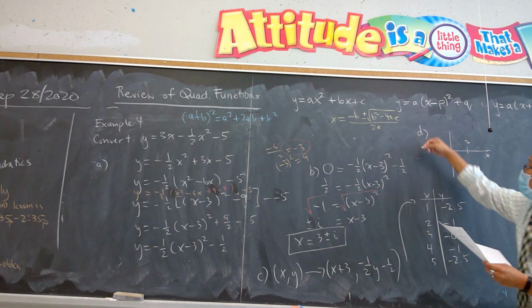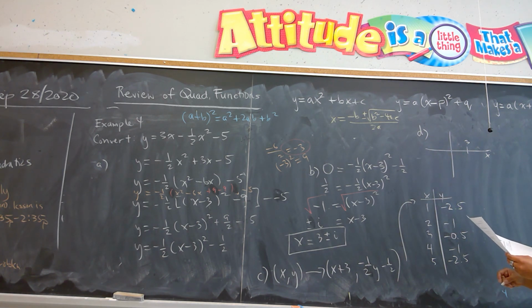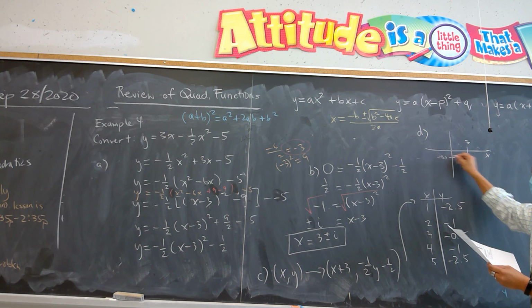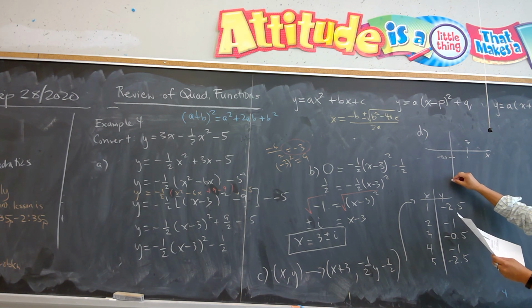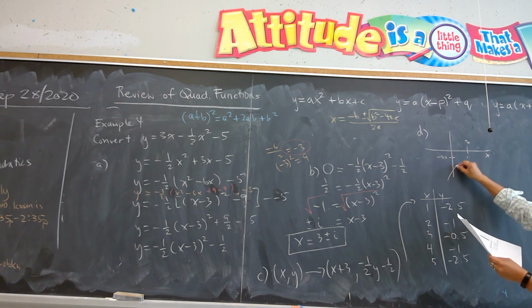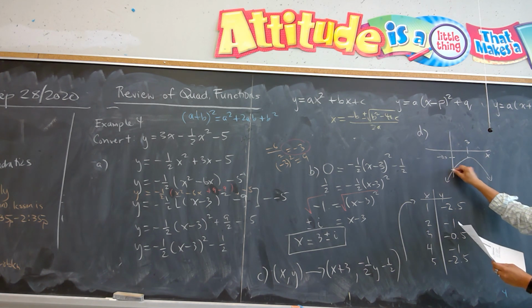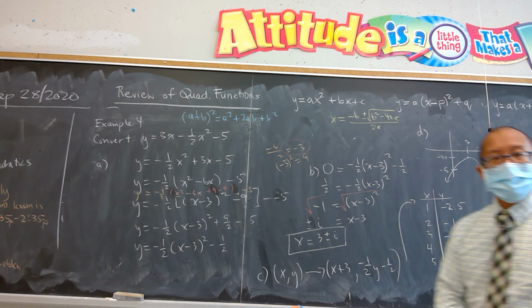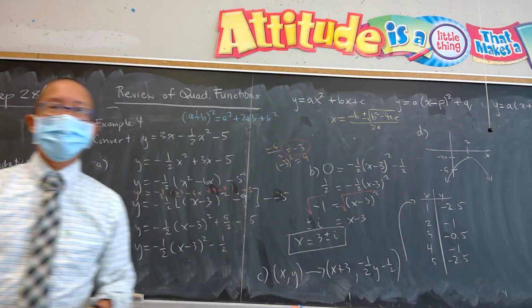This projection would be 3 is over there, and negative half is here. Something like that. And the parabola doesn't cross the x-axis. It's complex. Does that help? Doing example 4?